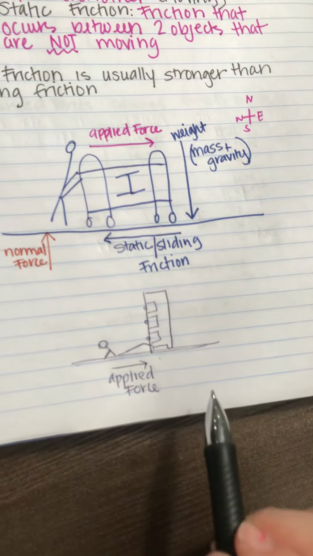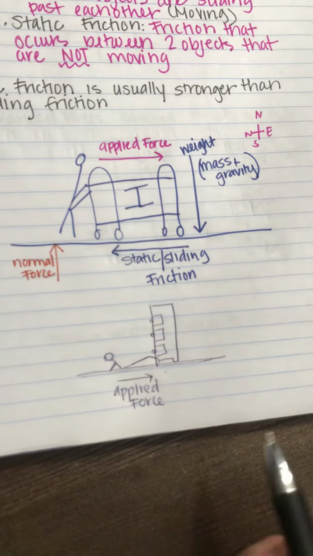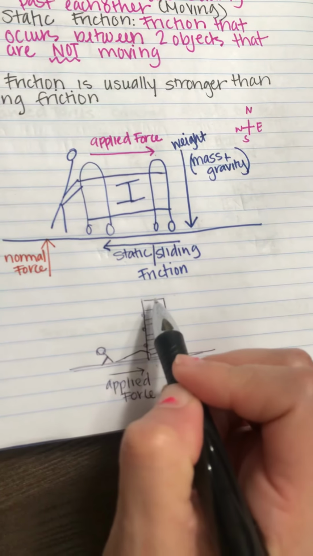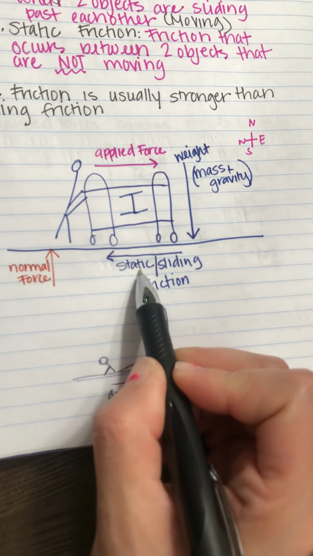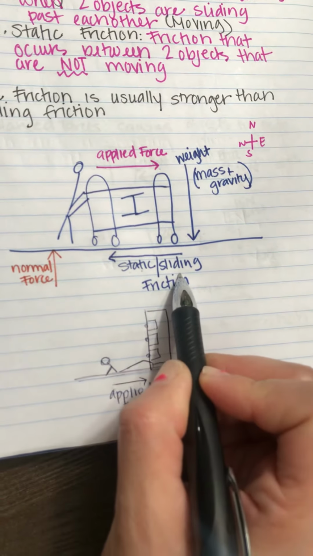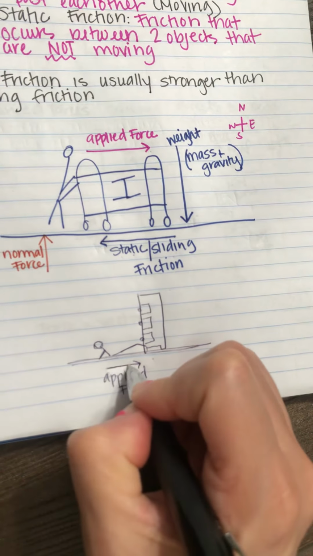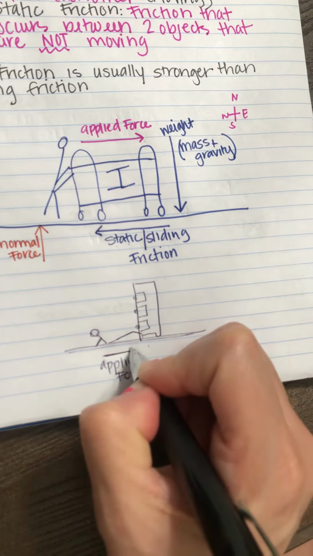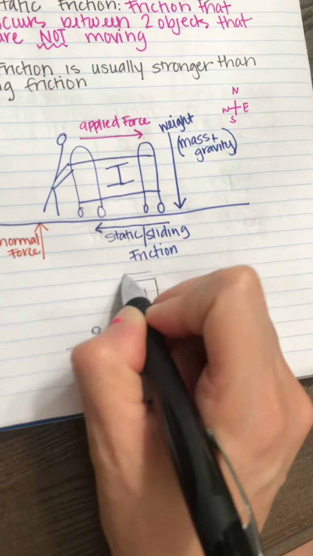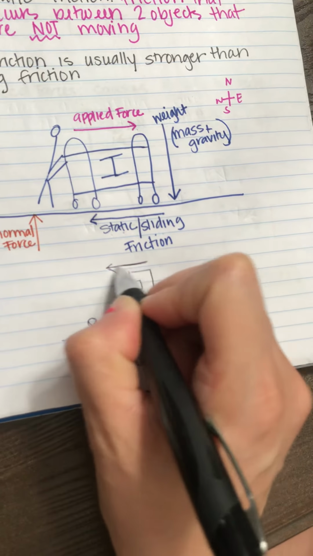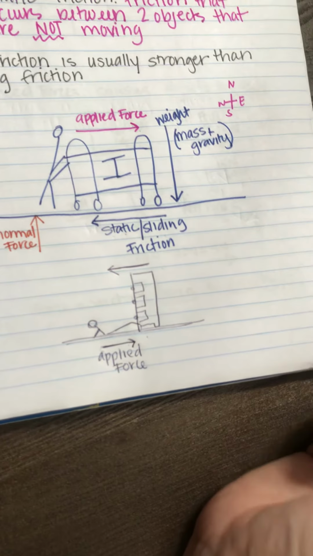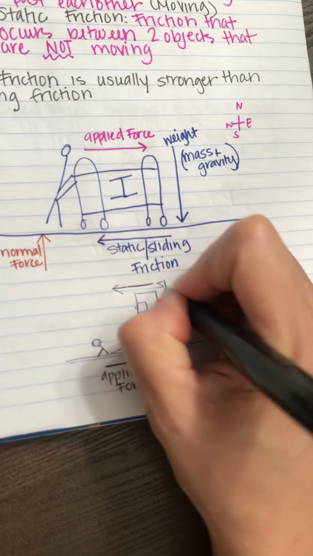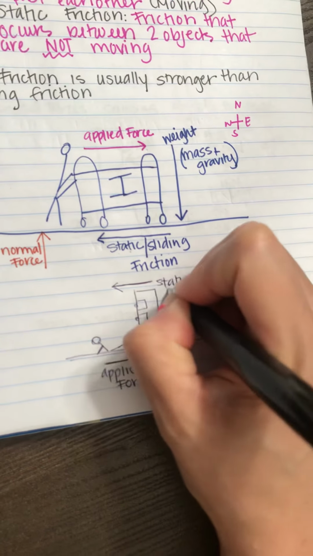Now remember, friction goes the opposite direction. Now, right before the dresser moves, we're going to have static friction. Once the dresser is moving, it's sliding friction. So since I drew my applied force going this way, my friction is going to go the opposite direction, okay? Now, let's say you haven't moved the dresser yet, so then this would be static friction.